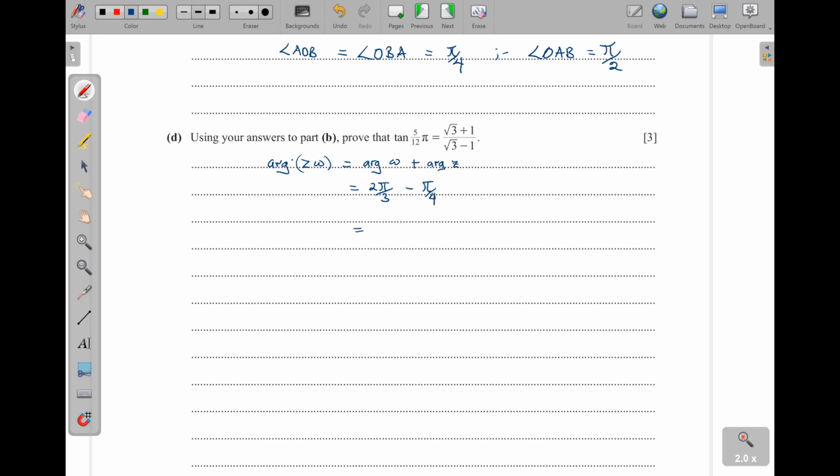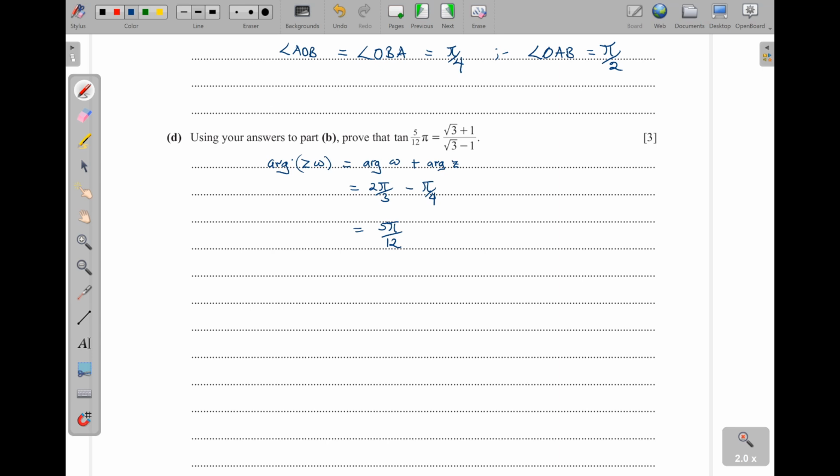That is 120 minus 45. Or we can simplify this and say this is 12 here, then 12 divided by, then we can cross multiply these ones. So we have 8 pi minus 3 pi. So don't you get a 5 here? So that one is going to give us 5 pi over 12. So I'll have here 5 pi over 12.